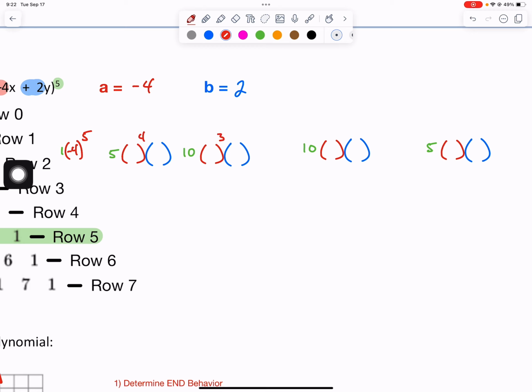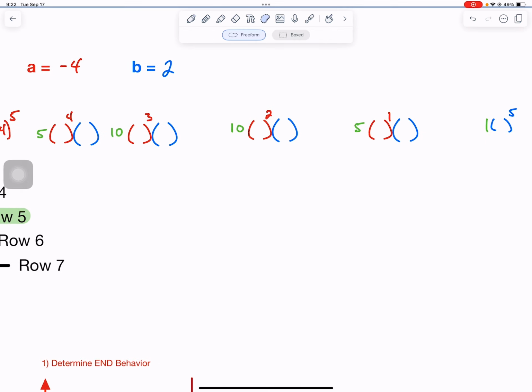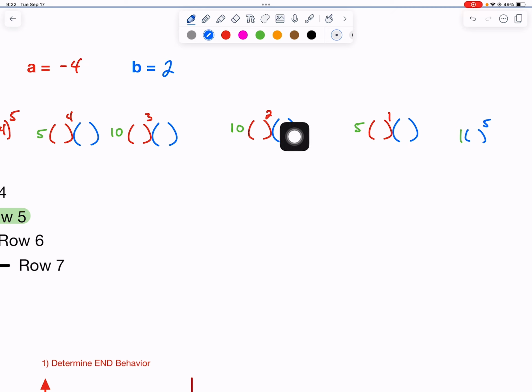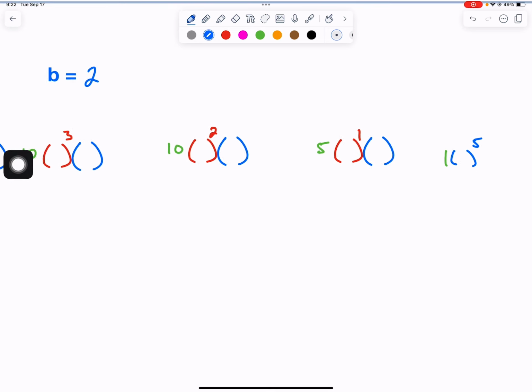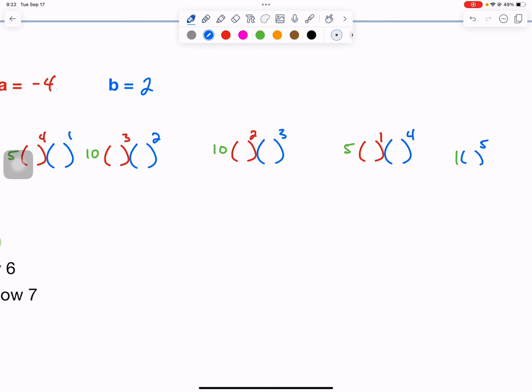Now I'm going to do the exact same thing for our blues here. We're going to write those backwards, as in 5, 4, 3, 2, 1. We already have the 5 written, so let's add our 4, 3, 2, and 1.